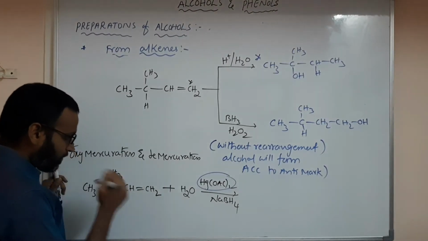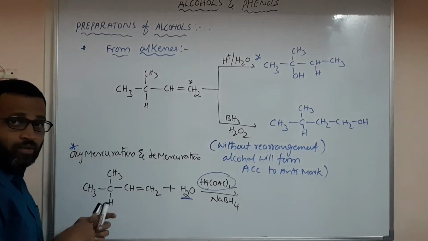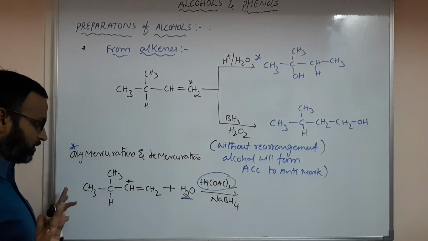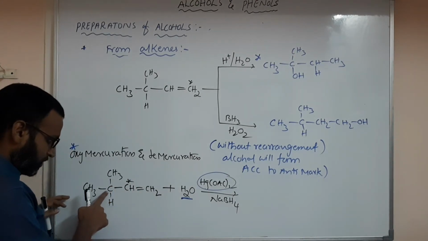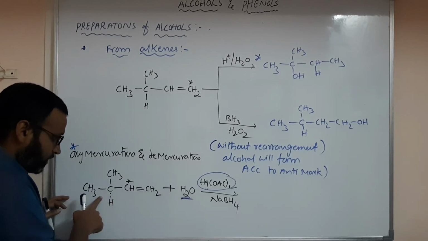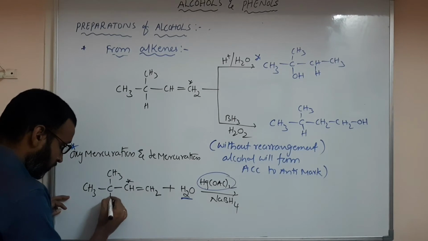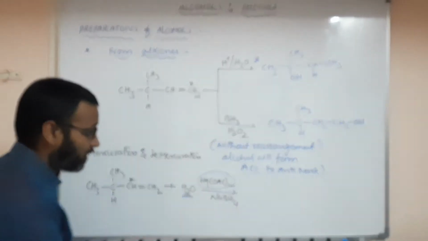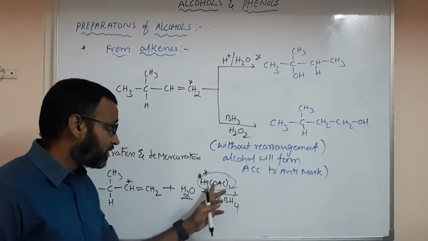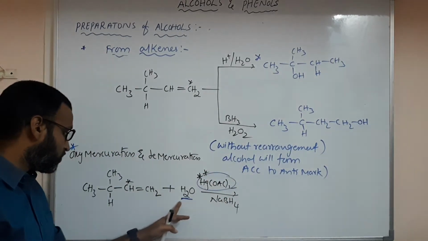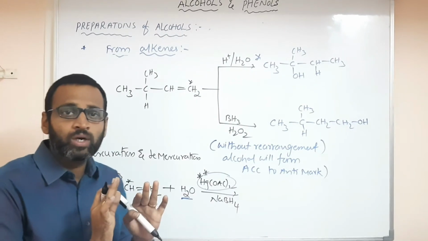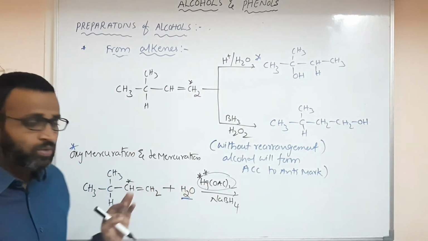So from this, where do you get OH? You get OH at this place without rearrangement. Previously we said tertiary is more stable, so this hydrogen would shift so that OH comes here. That won't happen in this particular condition. When you are using mercuric acetate, there is no 1,2 hydride shift or 1,2 methyl shift. This is the most important thing.